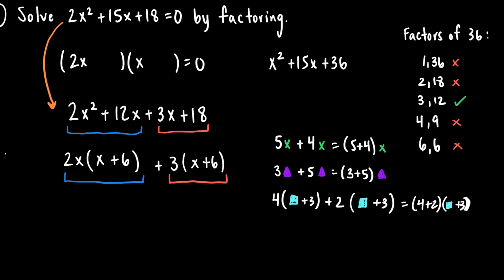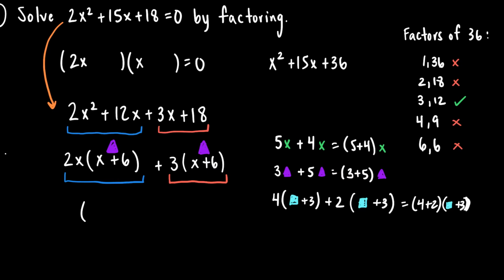Okay, let's take that idea and apply that now to this situation. So essentially what I'm saying here is that the x plus 6 is kind of like our purple triangle. So if I have 2x purple triangles and 3 purple triangles, how many purple triangles do I have?